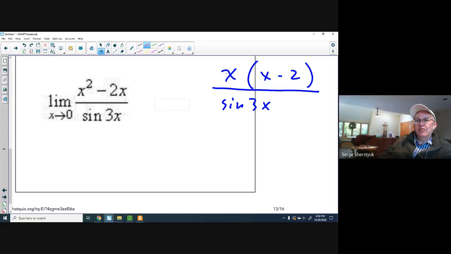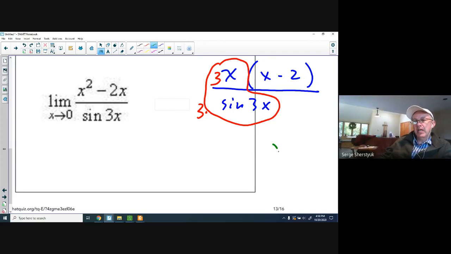What should be in front of this x to make that into what you want to recognize, the limit? It really needs to have a 3 here. So I multiply the top by 3 and the bottom by 3, and that right there is 1. The limit of what's circled here is 1.